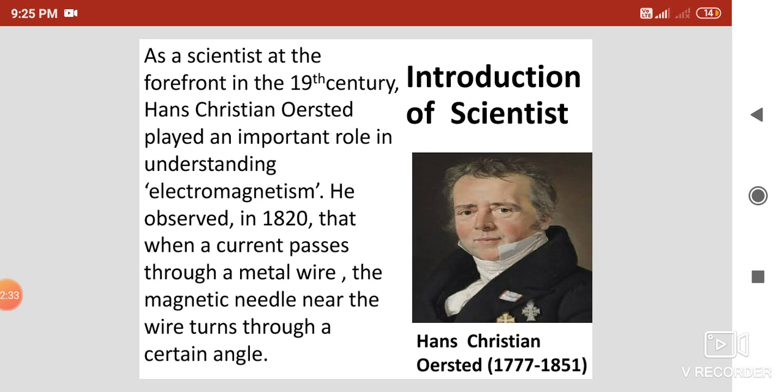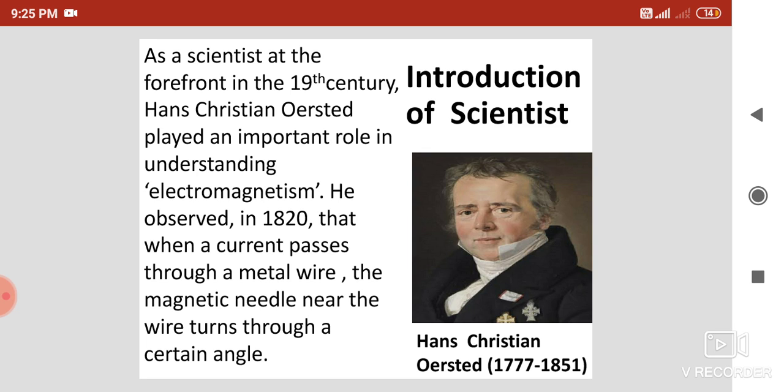Hans Christian Ørsted was a scientist at the forefront in the 19th century. He played an important role in understanding electromagnetism. He observed in 1820 that when a current passes through a metal wire, a magnetic needle near the wire turns through a certain angle.